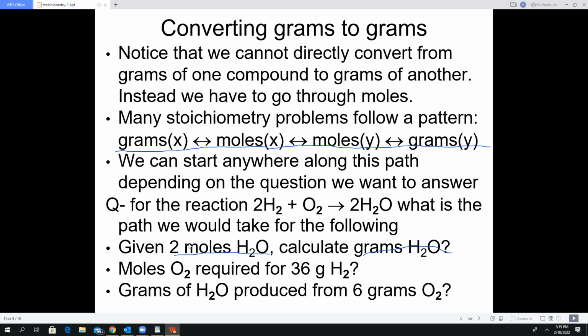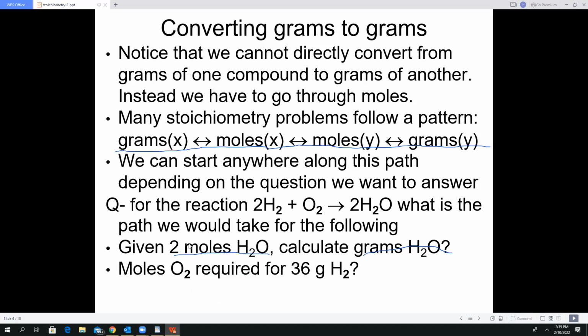Sorry, I meant to only do one at a time. Okay. Moles of O2 required for 36 grams of H2. Where would you start? Where would you end? On that thing that I underlined, that diagram, pattern, whatever you want to call it.